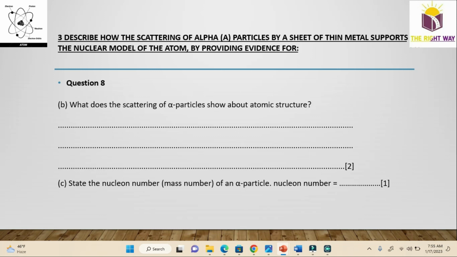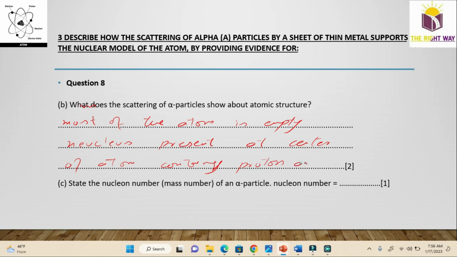What does the scattering of alpha particles show about atomic structure? Most of the atom is empty. A nucleus is present at the center of the atom, containing protons and neutrons.